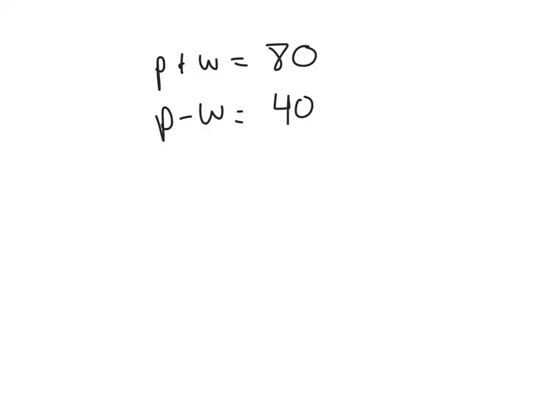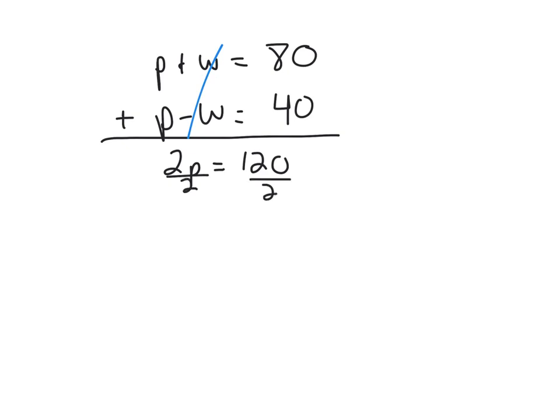So if we're going to solve this system, it's probably best done by the method of elimination. And it looks like if we add these two equations as is, our W's will simplify out, and we're left with 2P equals 120. So dividing both sides by 2, we get our plane speed to be 60 miles per hour.